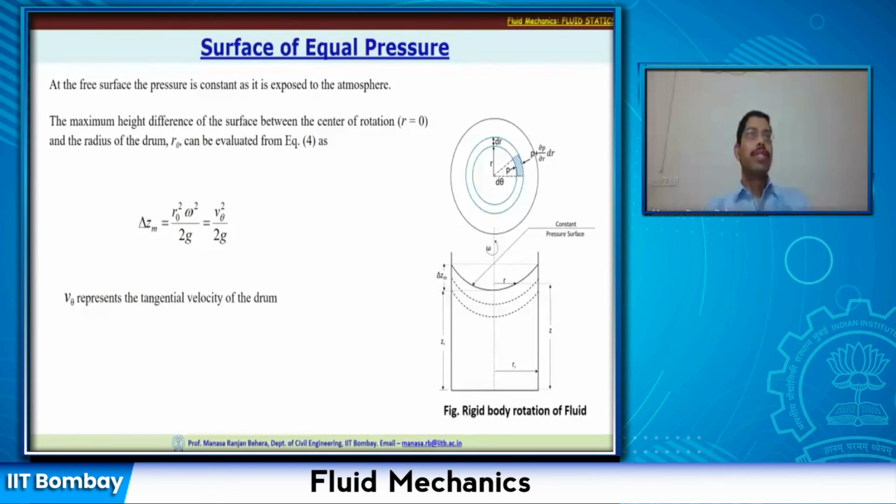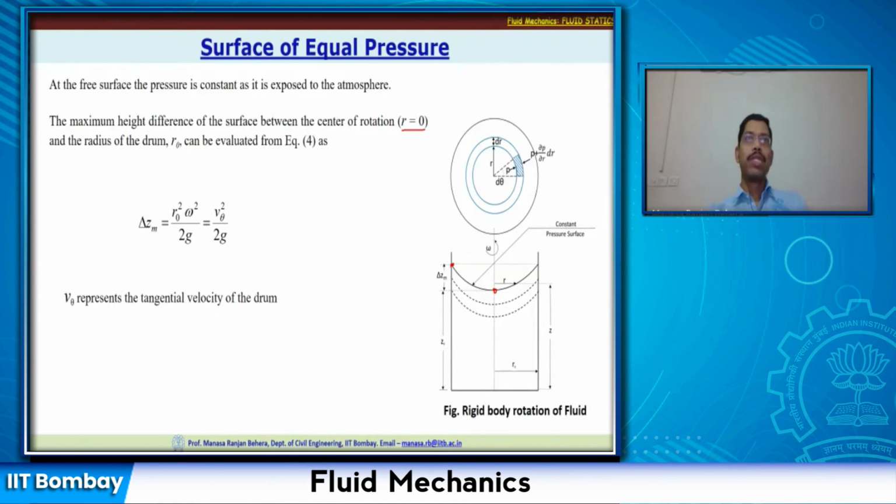Now at the free surface, the pressure is constant as it is exposed to the atmosphere. That's what I have already explained. The maximum height difference of the surface between the center of rotation, that is r equal to 0, and the radius of drum r0. So that we are telling here, the maximum height difference, that is between the center here and this radius, this delta zm, is equal to r0 square omega square by 2g.